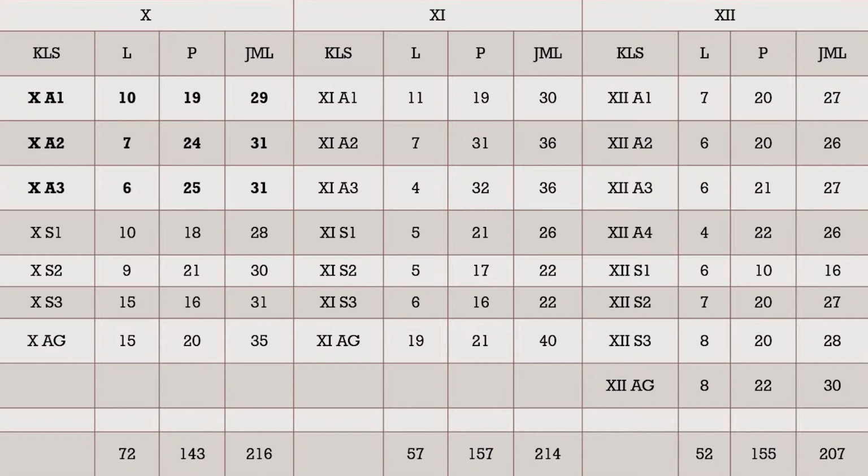From that 637 total population, we picked XA2 class and XA3 class as the sample for this research. It's like a random sampling, but there is also a reason behind that sampling decision.